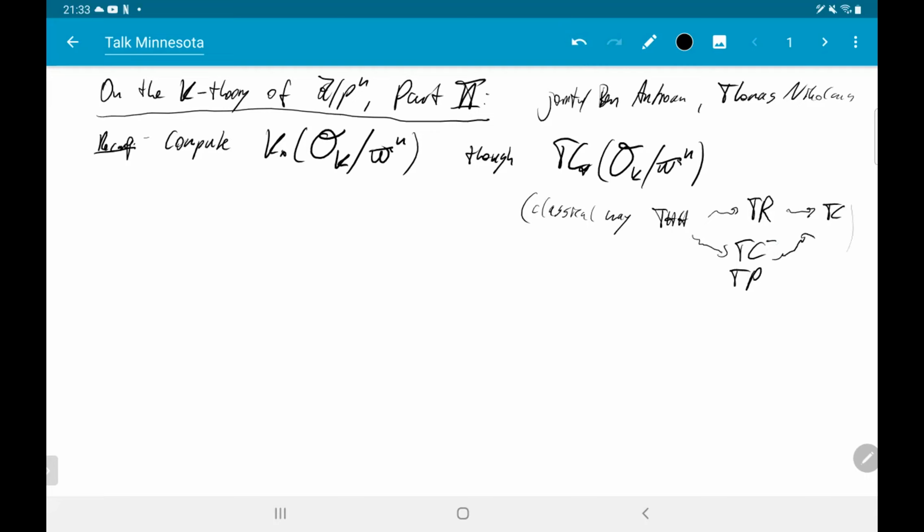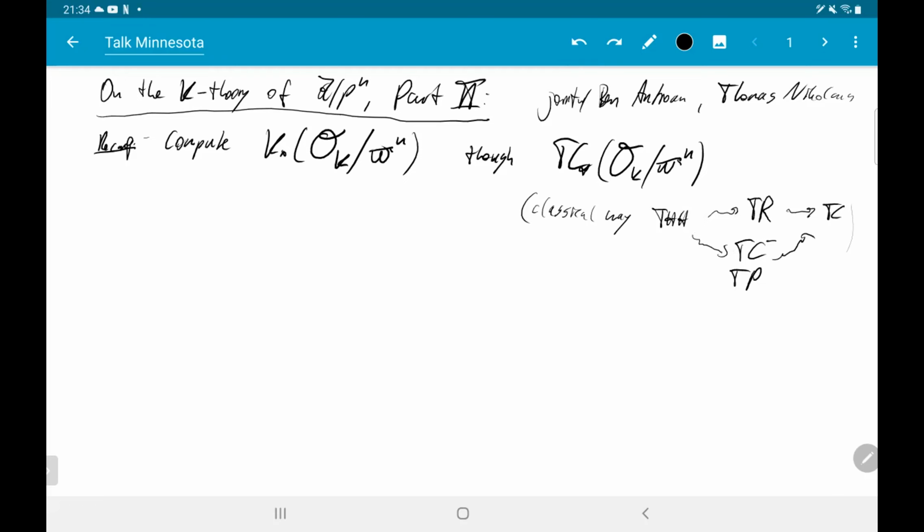And the key ingredient that we bring to these computations is a kind of shortcut you can take nowadays. Usually the way to understand these things is in terms of spectral sequences. So you start computing THH, you get some description there, then you have to apply another spectral sequence to get something that gives you TP or TC minus, and you usually lose some control over how canonically you can describe elements and so on.